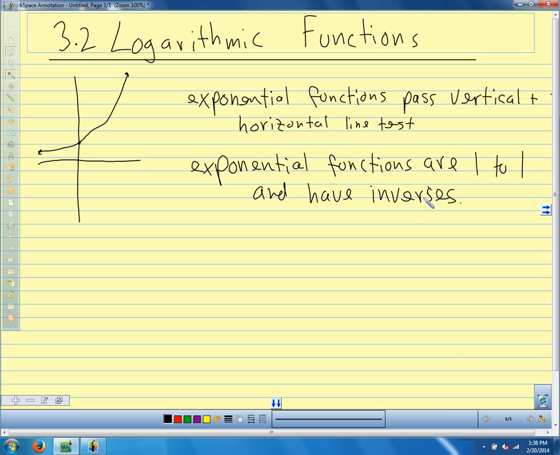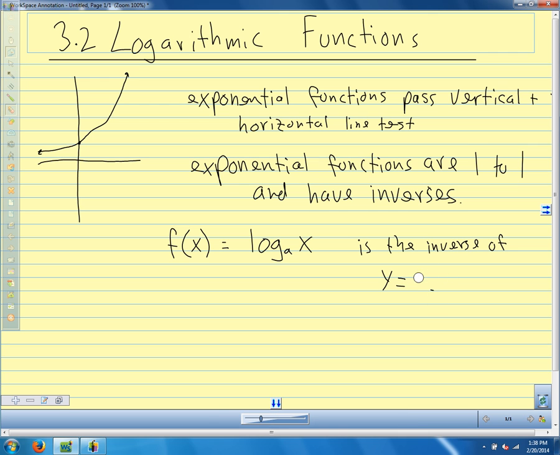So we are going to talk about this function f of x equals the log base a of x. This is going to be our inverse of our exponential function, the inverse of y equals a to the x.